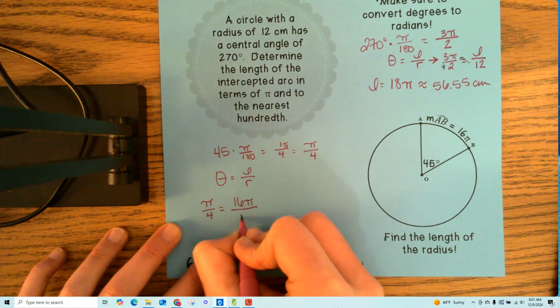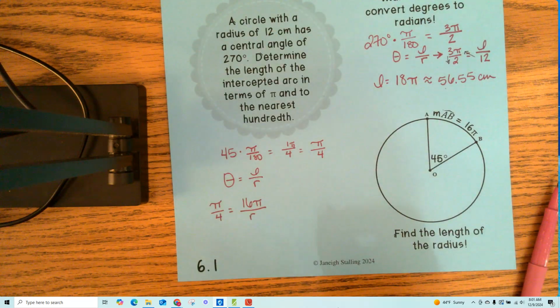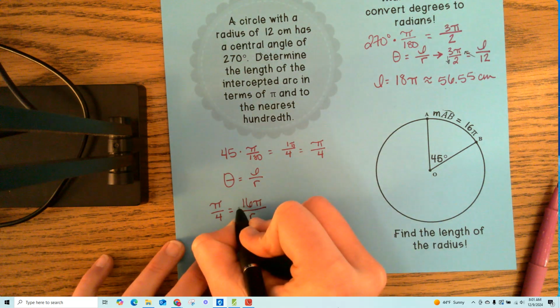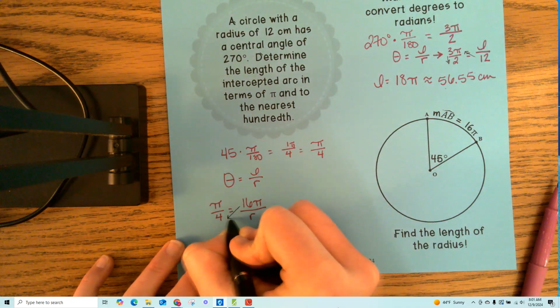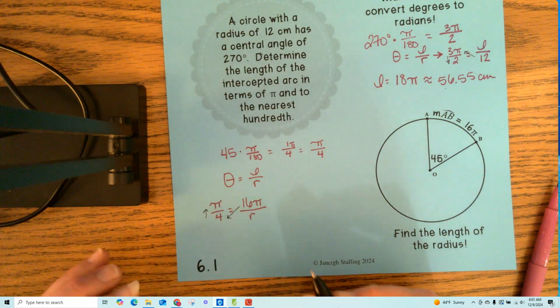And then we're looking for the radius. We can cross multiply and divide again, but something strange is going to happen here. If we cross multiply and then divide, you'll notice we've got pi's in two places.